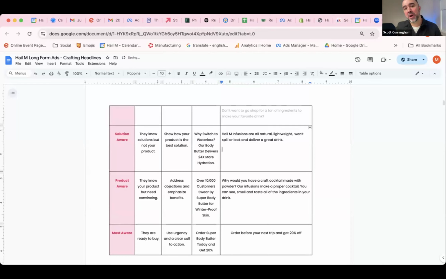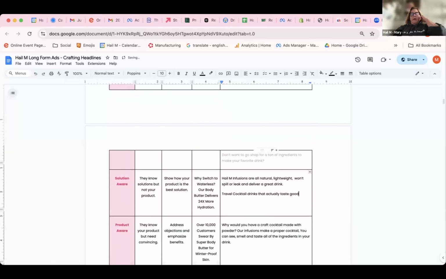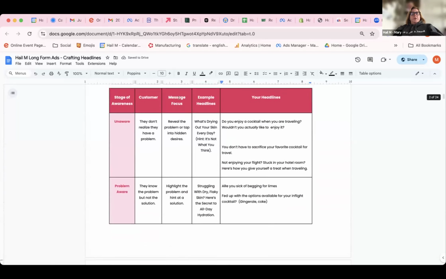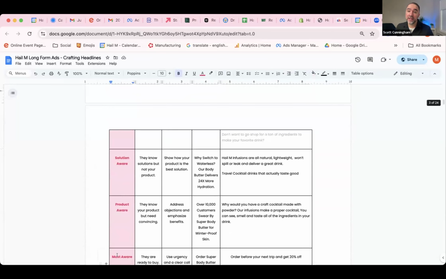That would be if the market knew about those other products. I think it's a new innovation. I think there are competitors, but not many right now. Okay, so you think they're focused on the unaware? I think it's problem aware.